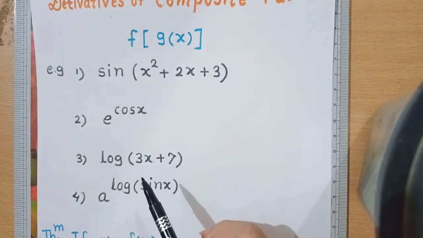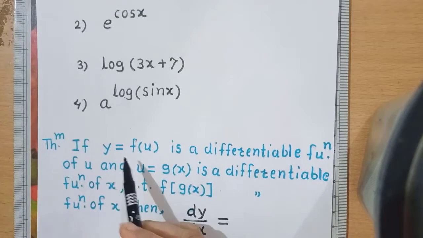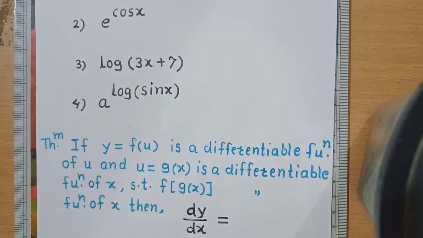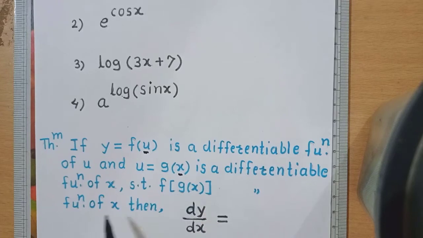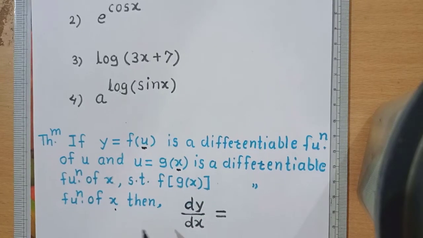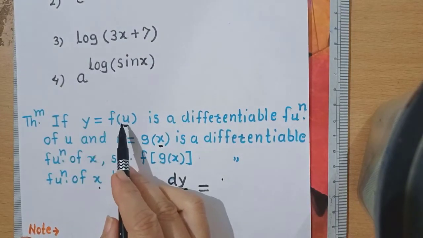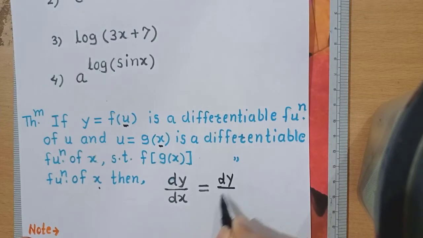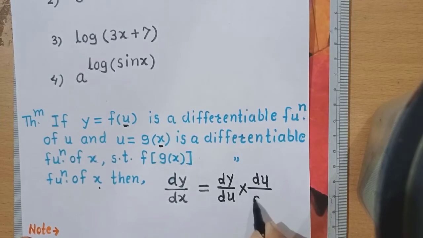Now to differentiate this composite function, what is that rule? Let's check. If y is equal to f of u is a differentiable function of u, and u is equal to g of x is a differentiable function of x, such that this composite function f of g of x is a differentiable function of x, then dy by dx is equal to, since y is a function of u, we will differentiate y with respect to u, and u is a function of x, so du by dx.